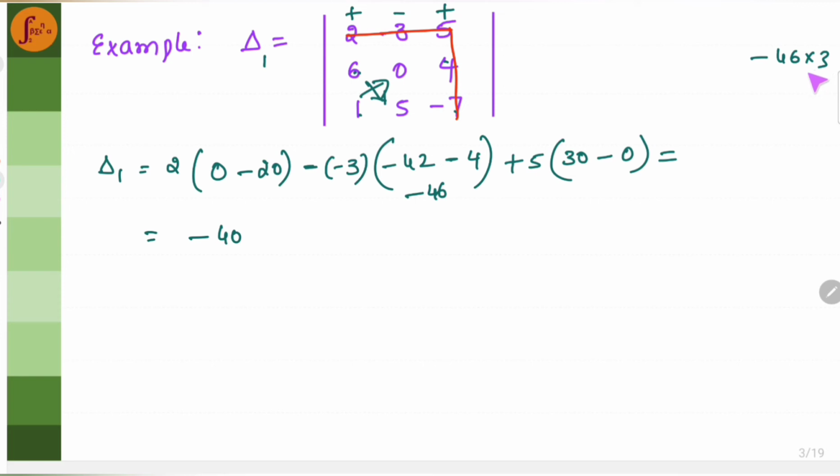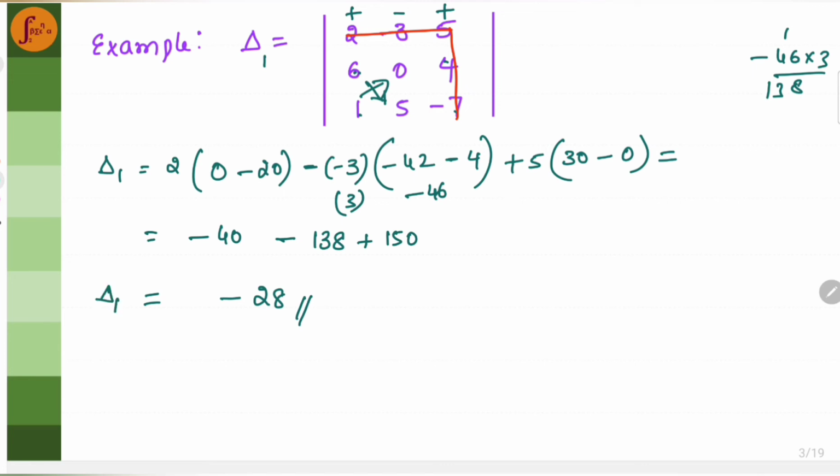Minus 46 into 3 is 138, and minus and minus is plus, and then another minus, so you have minus 138. Then 30 minus 0 is 30. 30 into 5 is 150. Further simplifying this, we get minus 28 as the answer.